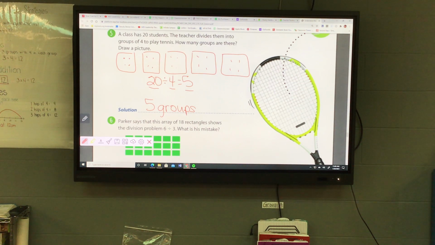In this problem, 20 is how many there are altogether, right? Starting out with 20 altogether. How many groups there are. 4 is telling us what? How many are in each group? 5. And 4 times 5 equals 20. How many equal groups there are.